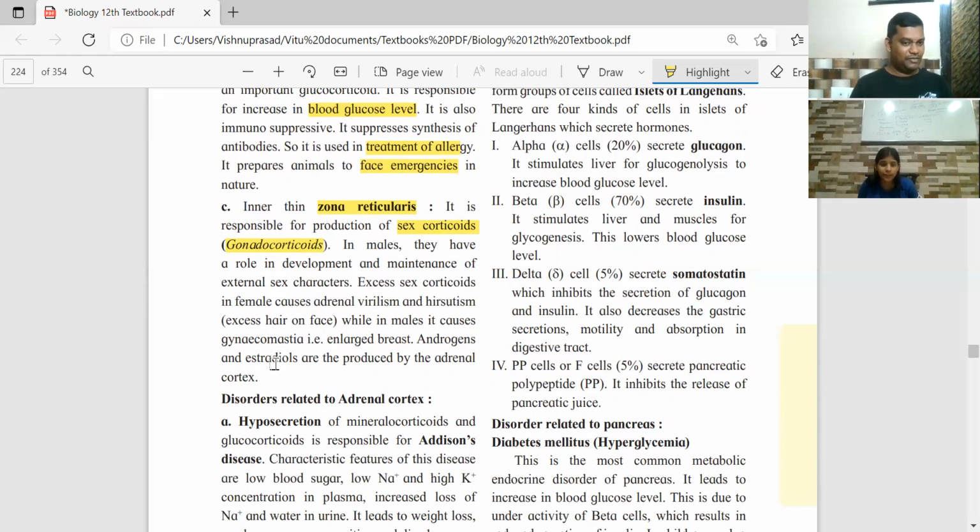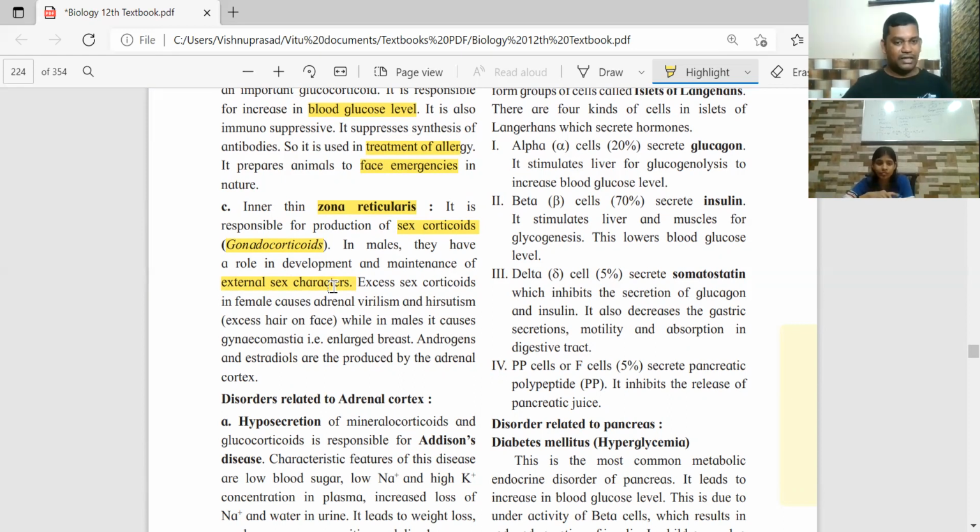In the case of males, they help in determining the external sexual characters, that is, the development and maintenance of external sexual characters restricted to males.